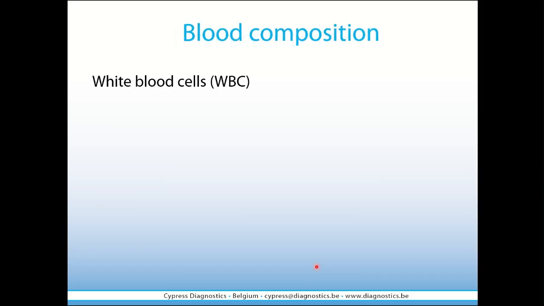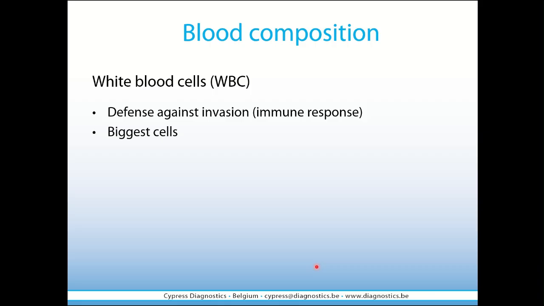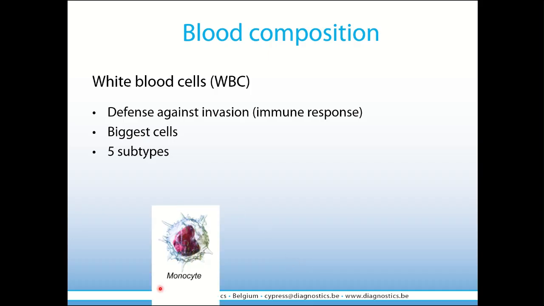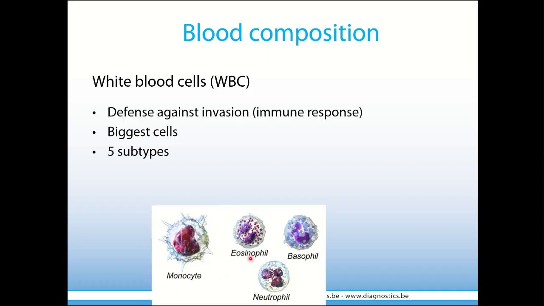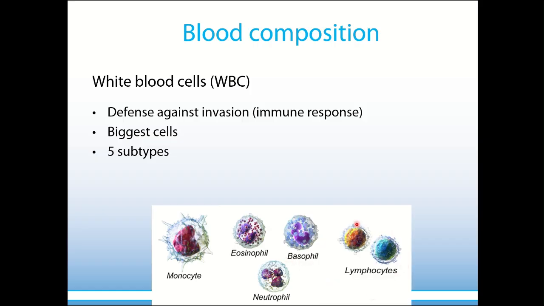The white blood cells are important for our immune response. They defend us against pathogens, such as bacteria and viruses. They are the biggest blood cells and can be divided in 5 subtypes: monocytes, eosinophils, basophils, neutrophils, which are also called granulocytes due to the presence of granules inside of their membrane, and lastly, the lymphocytes.